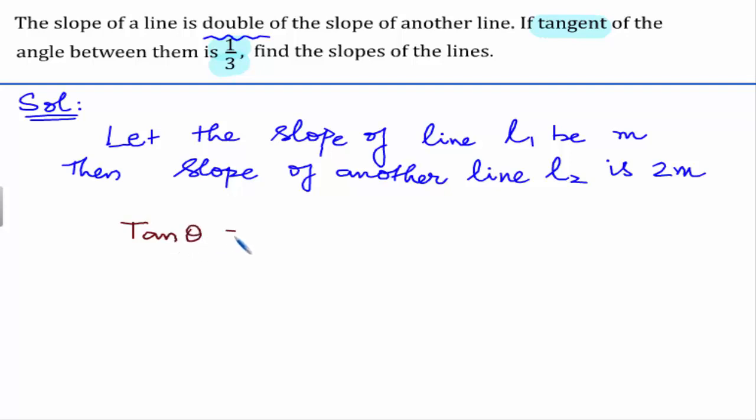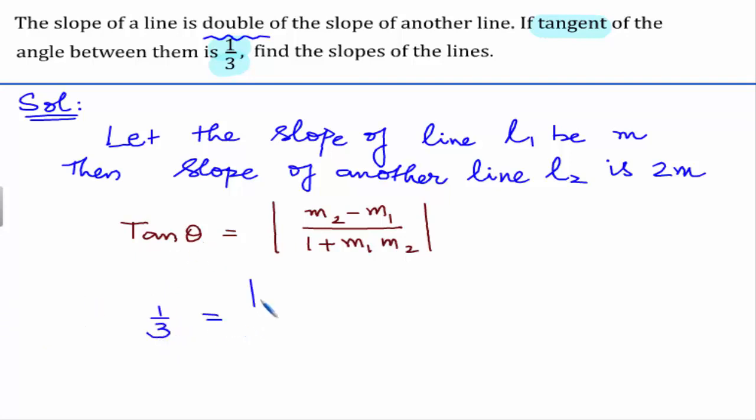Tan theta is equal to the modulus of (m2 - m1)/(1 + m1 m2). Now the tangent of the angle is 1/3, therefore 1/3 is equal to, here m2 is 2m and m1 is m, (2m - m)/(1 + m times 2m).